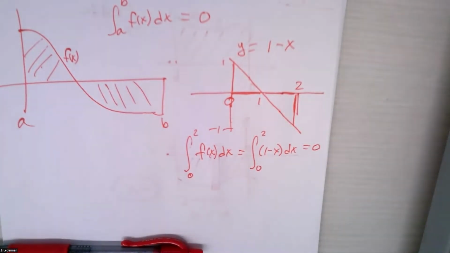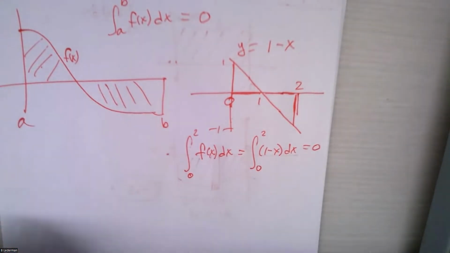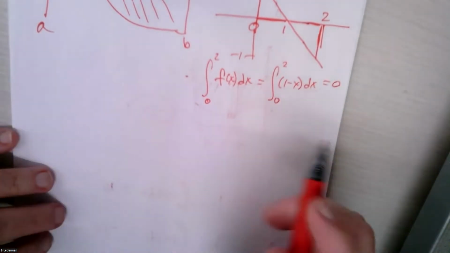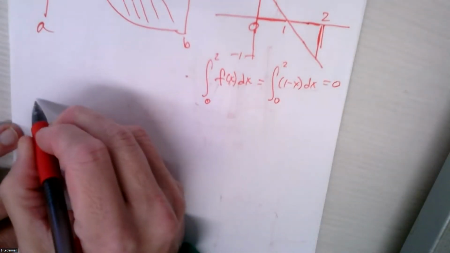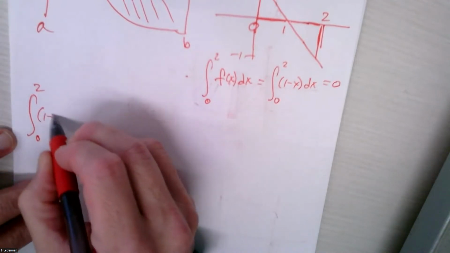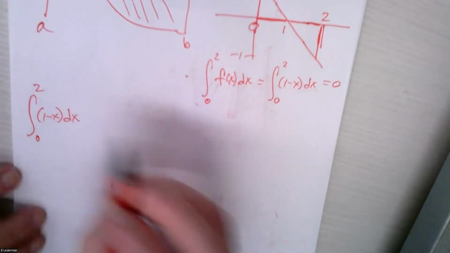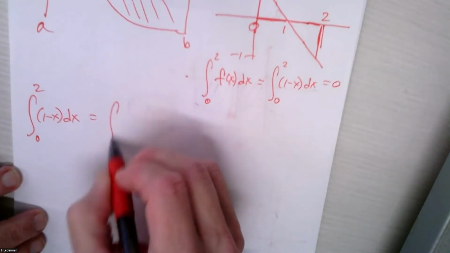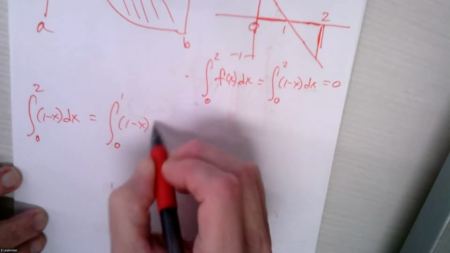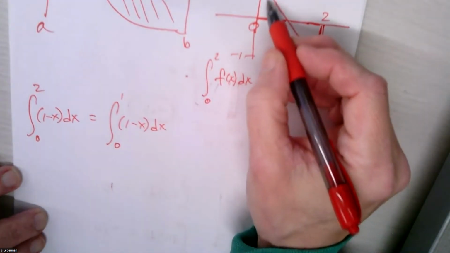And this is what we would do. In this case right here, we would say the integral from 0 to 2 of 1 minus x dx is equal to the integral from 0 to 1 of 1 minus x dx, and that's this part right here.